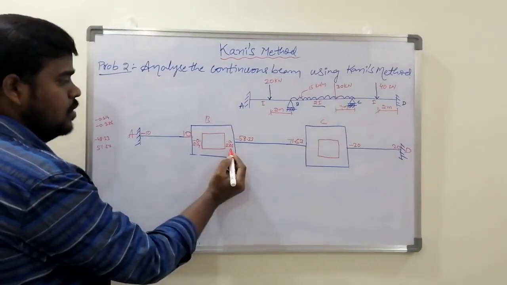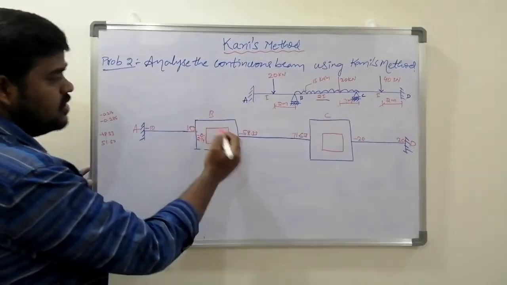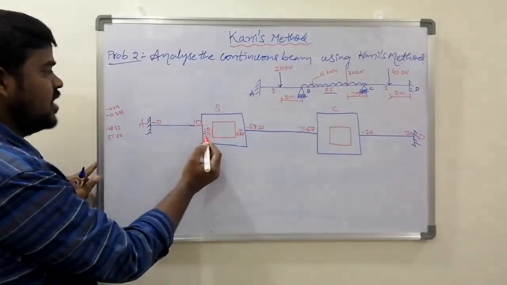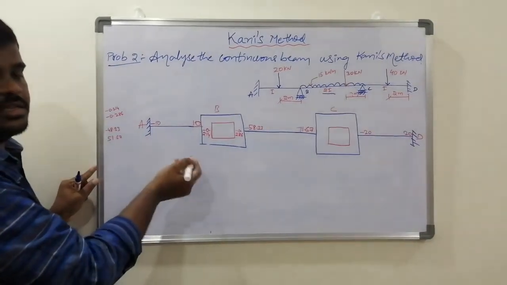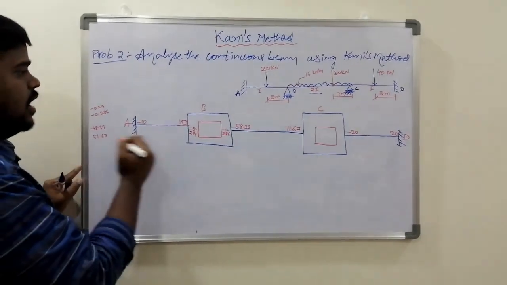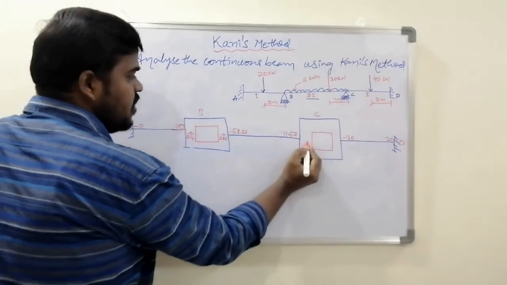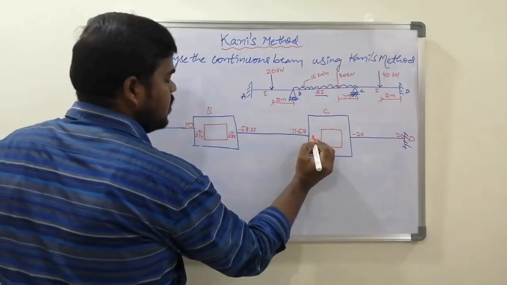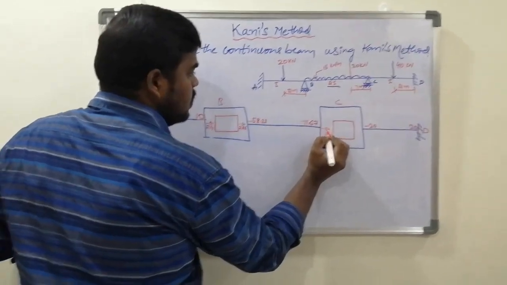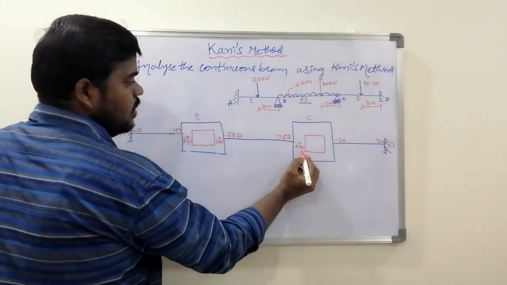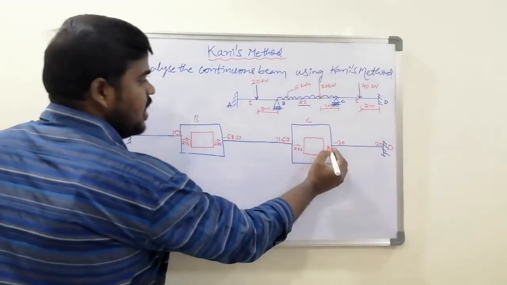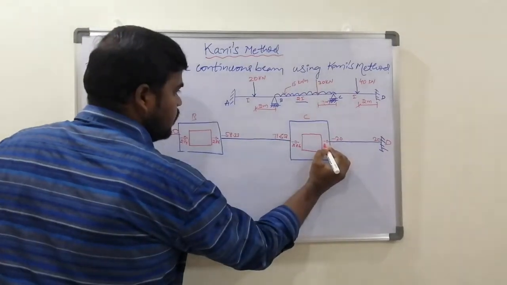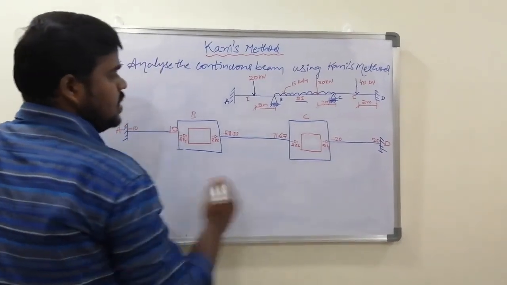So this is the rotation factor of BC, and this is the rotation factor of BA, which was just now solved in the previous step. And again I am writing the rotation factor of CB here. So that is minus 0.286, and here also we have minus 0.214 as the rotation factor for CD.